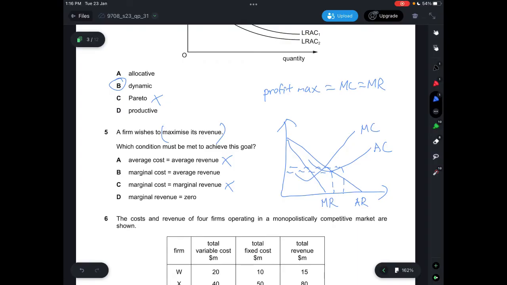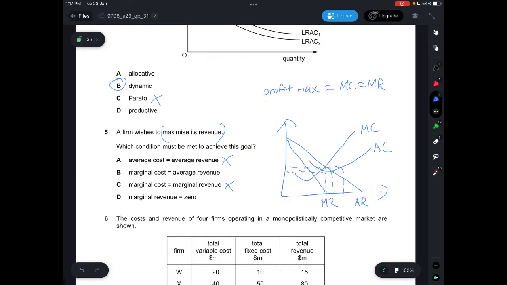Okay, so now let's look at marginal cost equals average revenue. You can see here, marginal cost equals average revenue is at this point. But it is not the answer, because here we are trying to maximize revenue.